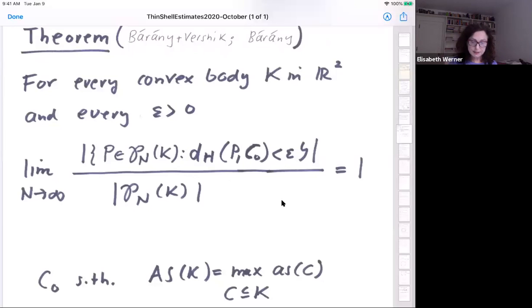So in this sense, C0 is the limit shape of these lattice polygons as the lattice grid gets finer and finer. Again, that's a very pretty, very beautiful result in the plane, and we do not know if such a thing holds in higher dimensions. And that's basically all that is known about this maximal affine surface area.